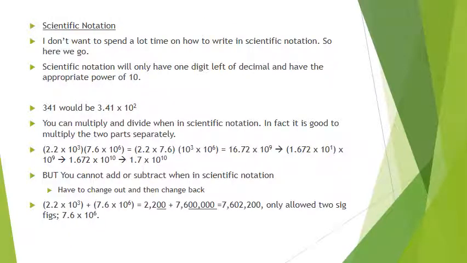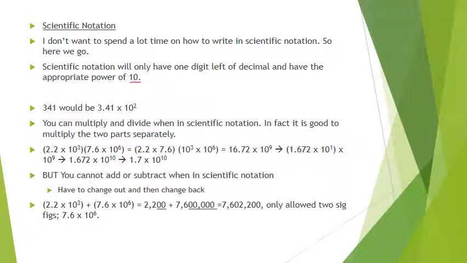Right, scientific notation. I don't want to spend a lot of time on this because hopefully you know how to do this. The basic thing about scientific notation is there'll be only one digit left of the decimal point, and then you'll have to the power of 10.